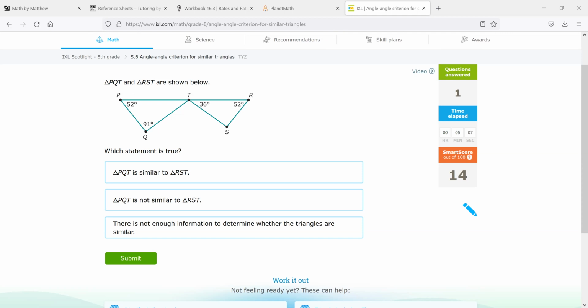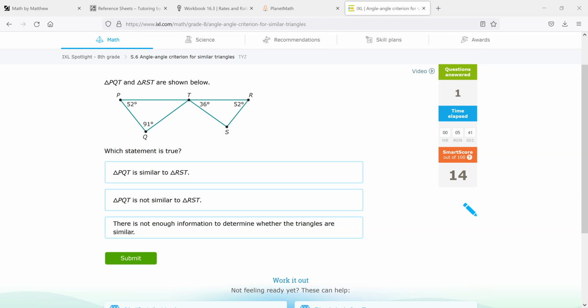And then I want you to subtract 143 from 180. 180 minus 143. Try again. So you have 180 and you're subtracting 143.